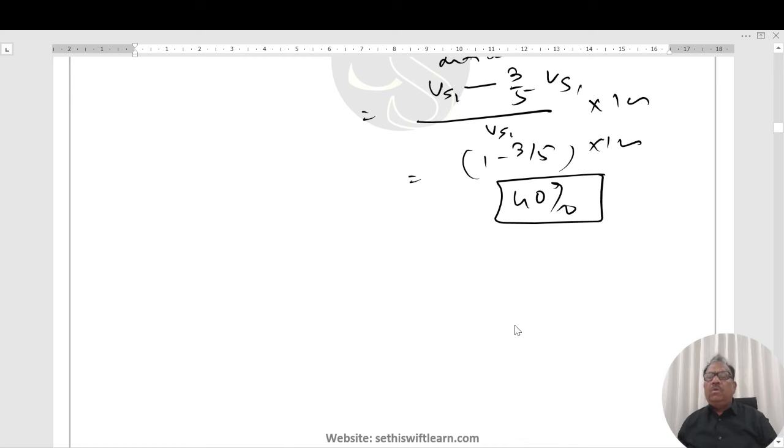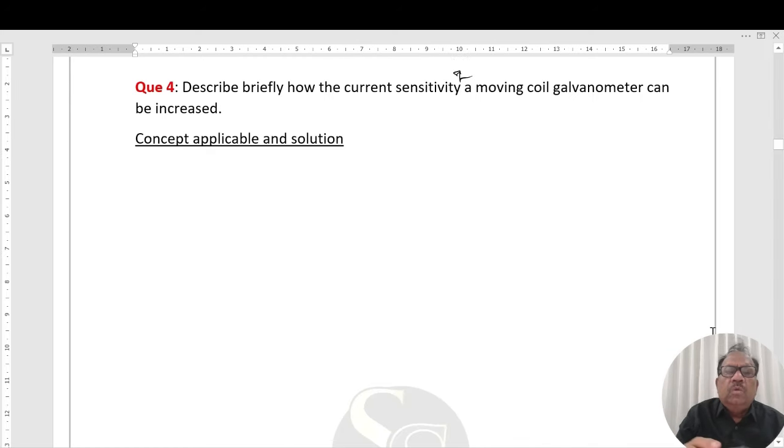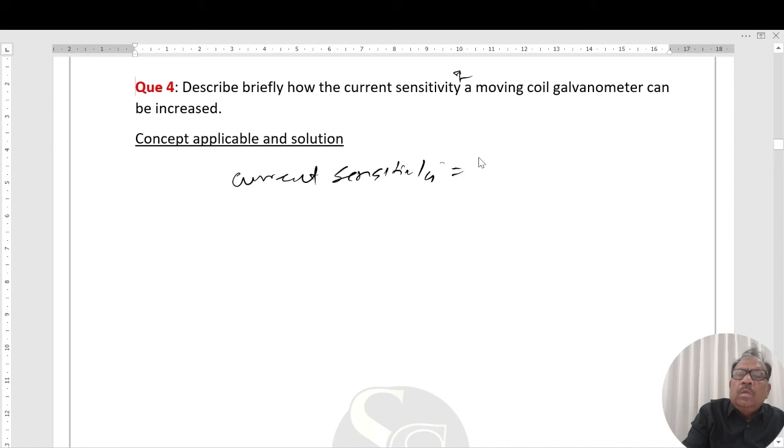Next question. Describe briefly how the current sensitivity of a moving coil galvanometer can be increased. Current sensitivity is equal to deflection per unit current.